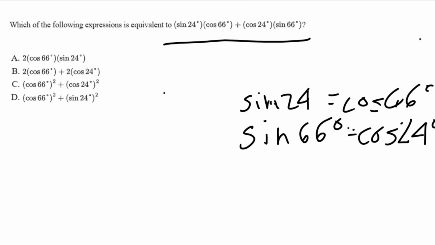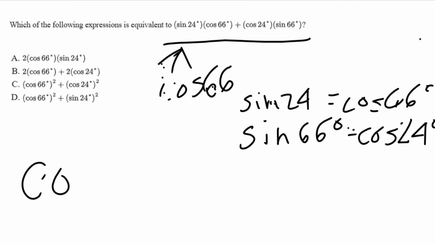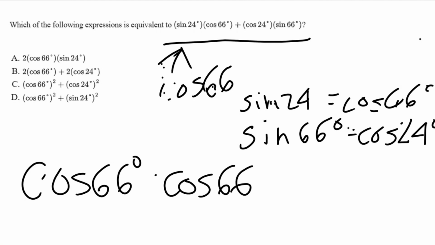And I would say the same thing for B. But if you look at equation C, you can see that this would make sense, because if you substituted cosine of 66 in for sine of 24, you would have cosine of 66 degrees times cosine 66 degrees.